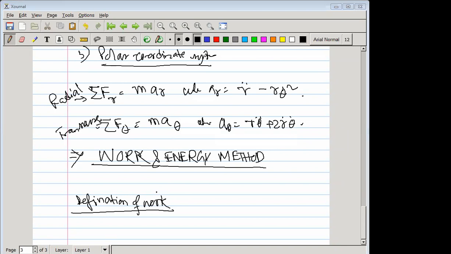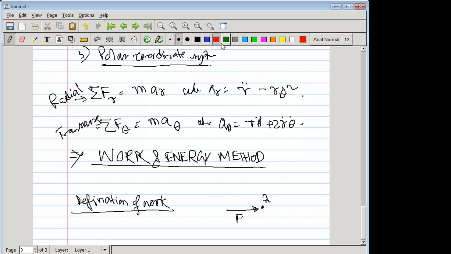Okay, so see, work means when a force F acts on a particle, and due to this applied force, that particle moves along a path.